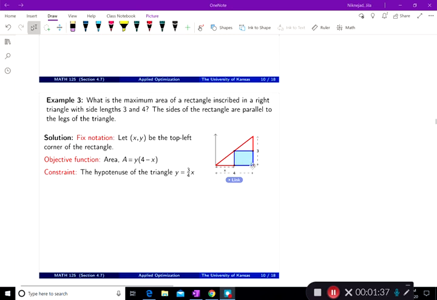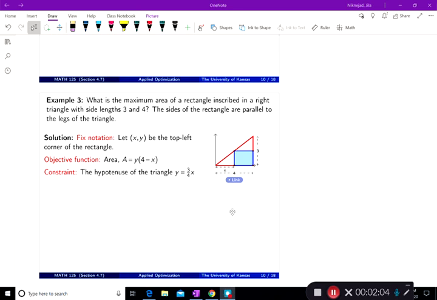Notice we have the objective function. We're trying to maximize the area. So the objective function is one side of the rectangle times the other side. We said y is one of the sides, but the other side is 4 minus x. And so that's the objective.